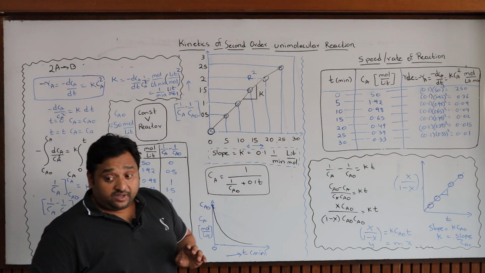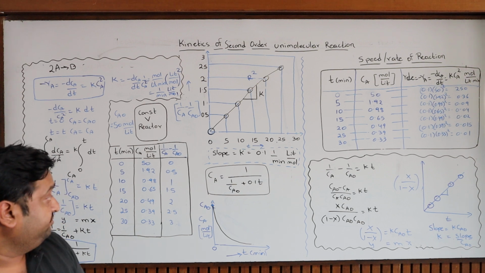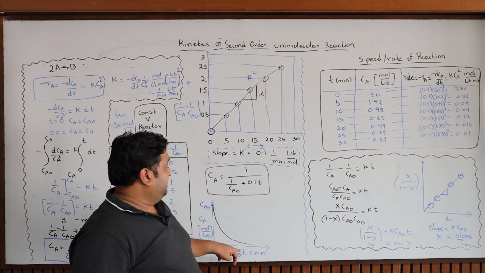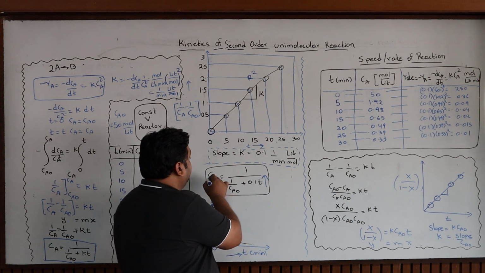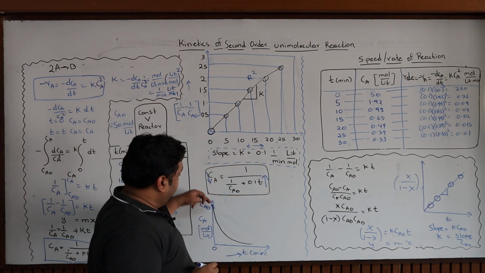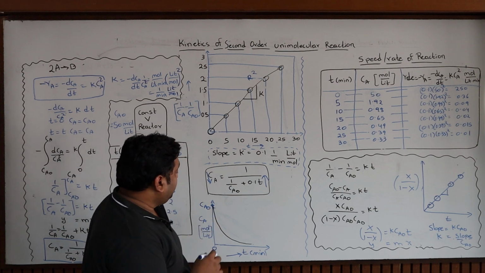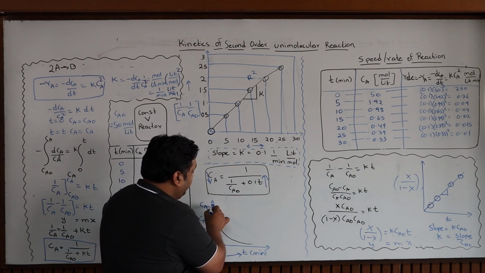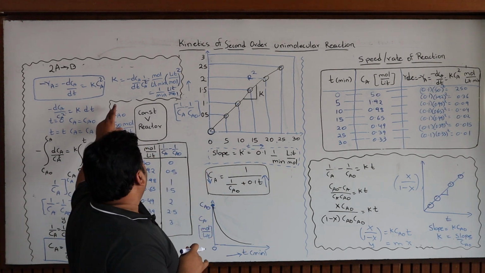The main important thing is the concentration and time. When you plot the concentration, if you increase the time, you observe the concentration is getting decreased. This is the line equation. Initially the concentration will be high because at the start of the reaction it is the initial 50 mole per liter.